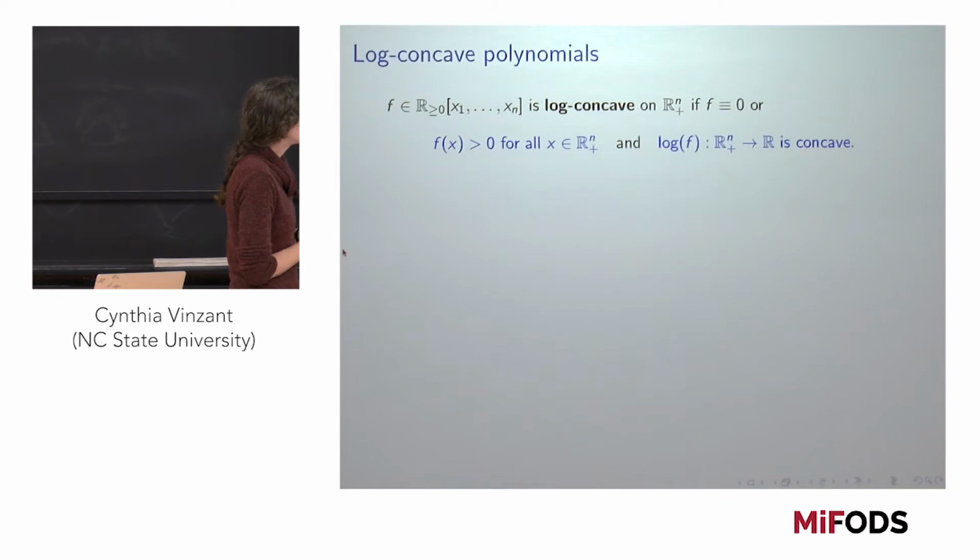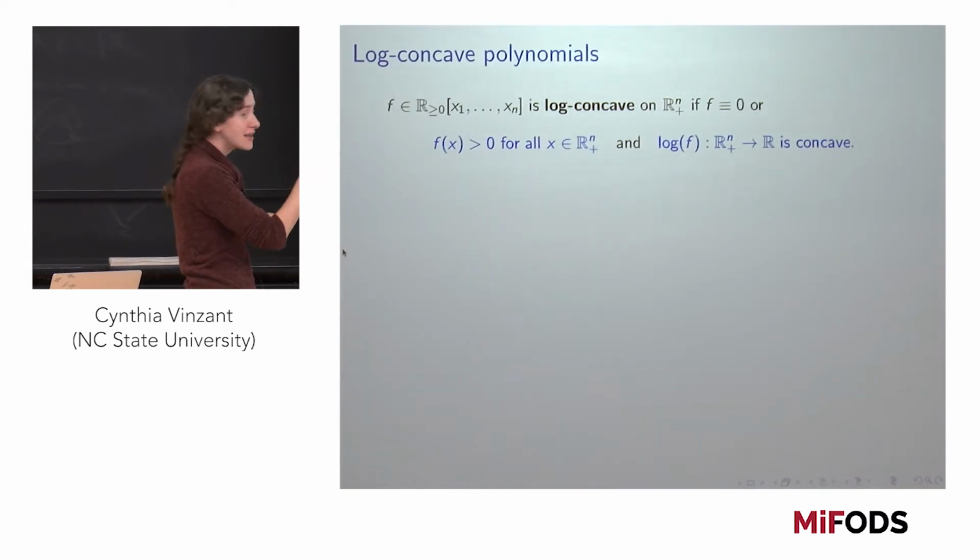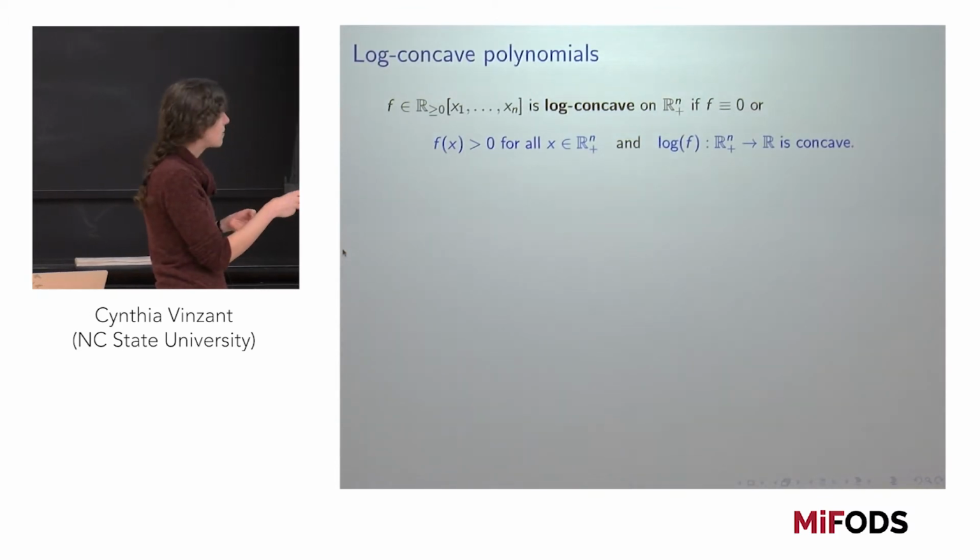So if I have some polynomial with non-negative coefficients, I'm going to say it's log concave on the positive orthant if either it's identically 0, or it's non-zero, in which case it is positive as a function on the positive orthant, meaning that if I compose with log, I get a well-defined function.